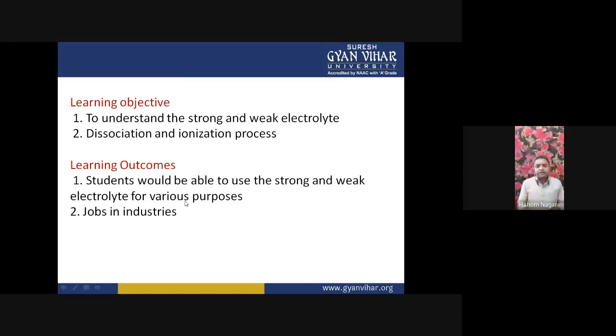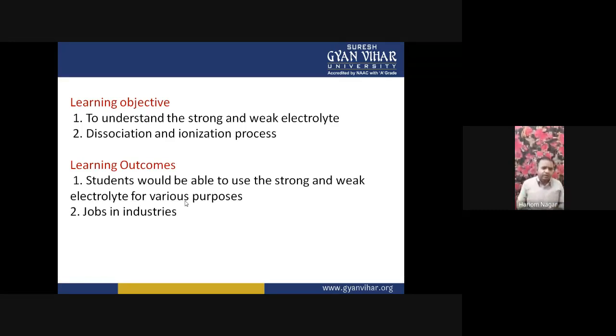If you have ideas about strong and weak electrolytes, you can design a battery which has high efficiency. For example, you can take a patent on the product you have prepared using strong and weak electrolytes, and then you can get a job in industries manufacturing batteries or other devices used as appliances in industries, home appliances, and agricultural appliances.